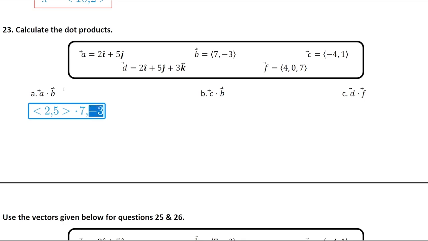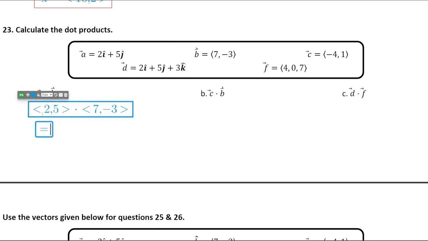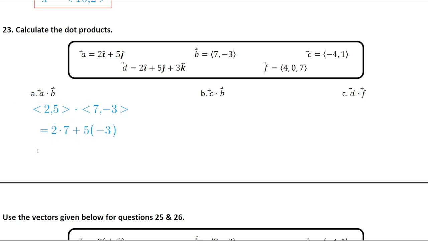And you'll notice that I'm using component form for all of these, and that's just a personal preference. If you like writing them using a linear combination, that's fine as well. So we're going to get 2 times 7 plus 5 times negative 3, which is 14 minus 15, which would be negative 1.